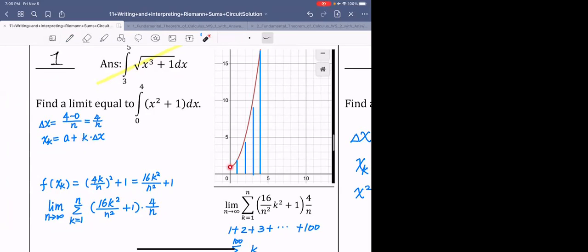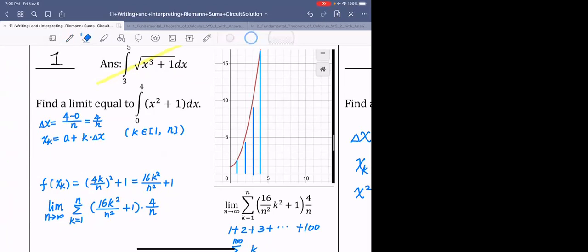For this one, k is 0. For this one, k is 1. For this one, k is 2. For this one, k is 3. Continue going on. So k is an integer starting from 0. Make sense? You can say starting from 0 up to n minus 1. If you start from 1, then you go up to n. So k is an integer between 1 and n.